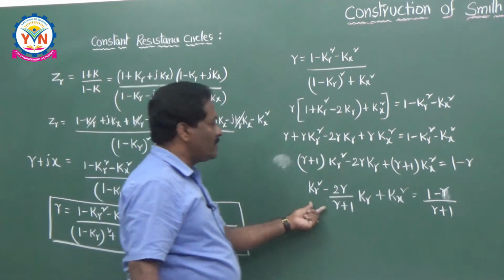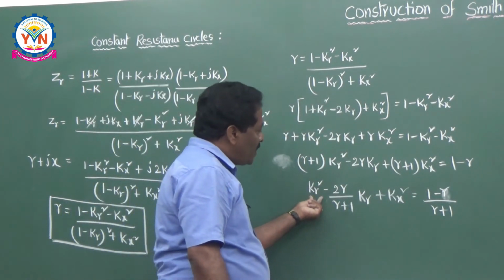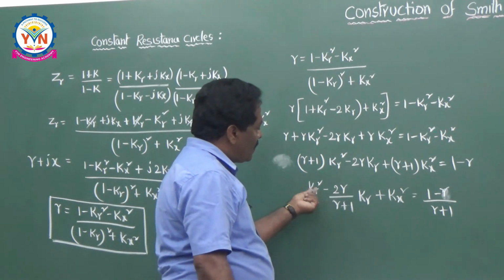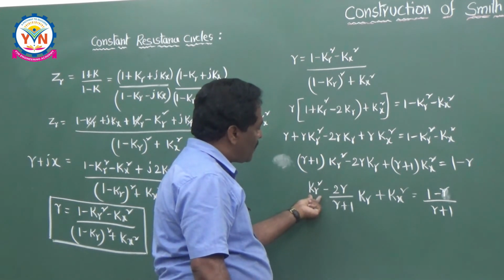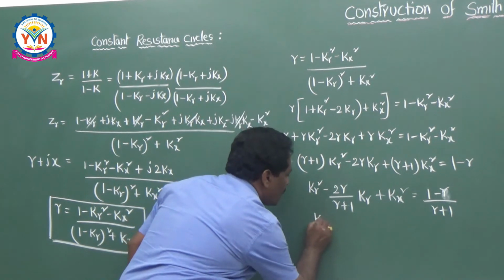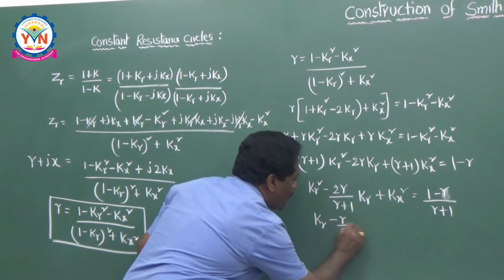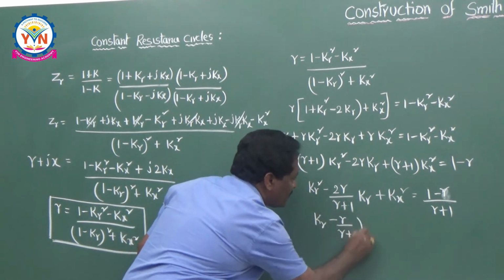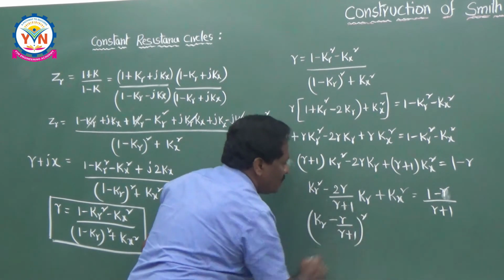Therefore, this can be written as (kr - r/(r+1))².